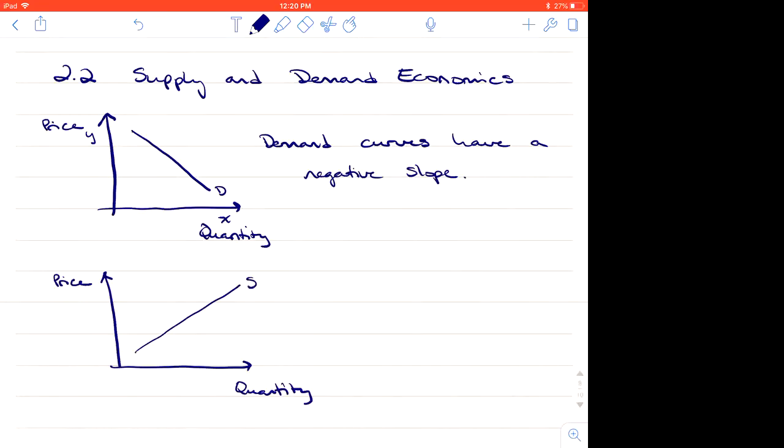It is going to be positive, kind of the other way around. If the price is low, we don't want to sell too many. And if the price is high, then we want to sell lots. Supply curves have a positive slope.